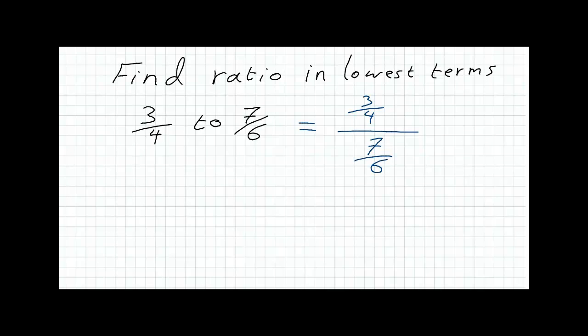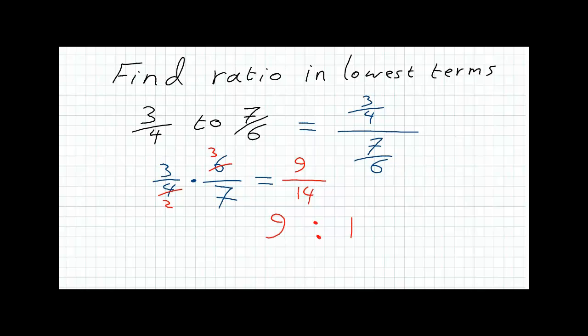And all of us know that this is going to be 3/4 times 6/7, which we can simplify by dividing here by 2 and here by 2. So the final answer is going to be 9/14, and this is the ratio we are looking for. Or we can write it as 9 to 14.